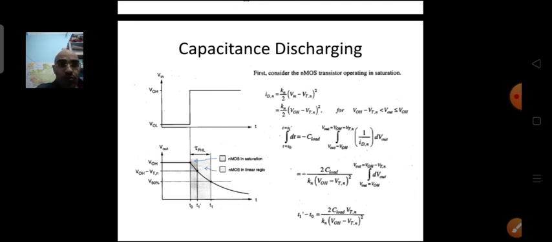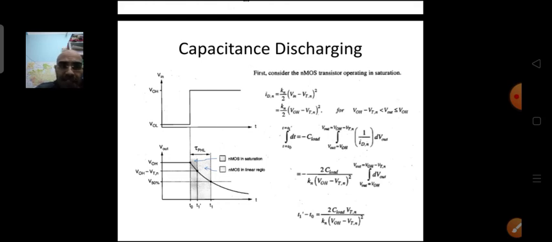As soon as it becomes VOH minus VTN, later on after this point the output will be less than VOH minus VTN, so the transistor will start working in the linear region. So the NMOS will work in the saturation region from VOH to VOH minus VTN, and from VOH minus VTN onward it works in the linear region. That should be very clear to you. There should not be any doubt in this.